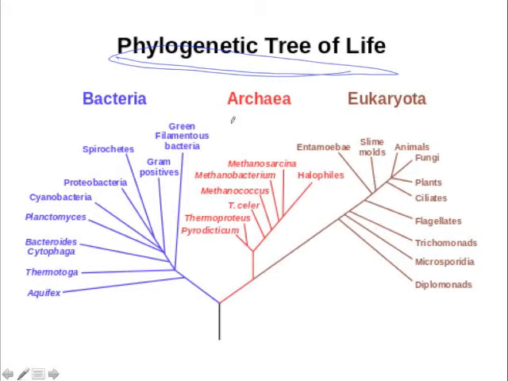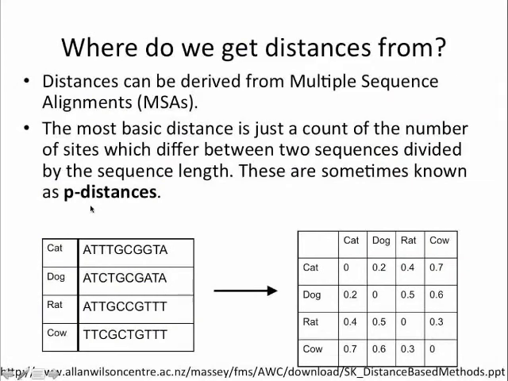And we can see in this particular phylogenetic tree that animals and fungi, for example, are more related than, for example, cyanobacteria. So the DNA sequence between animals and fungi will be more closely related than to cyanobacteria.